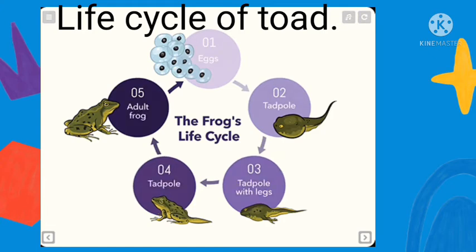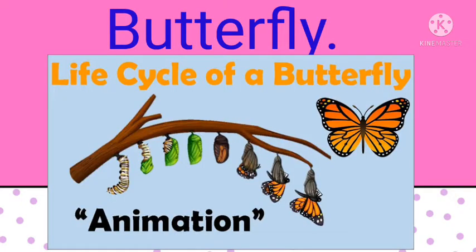Now, having known about the stages of frog transformation, let us look at the butterfly. Now, we're going to be looking at the life cycle of a butterfly. Life cycle of a what? Butterfly. The life cycle of a butterfly is truly amazing.